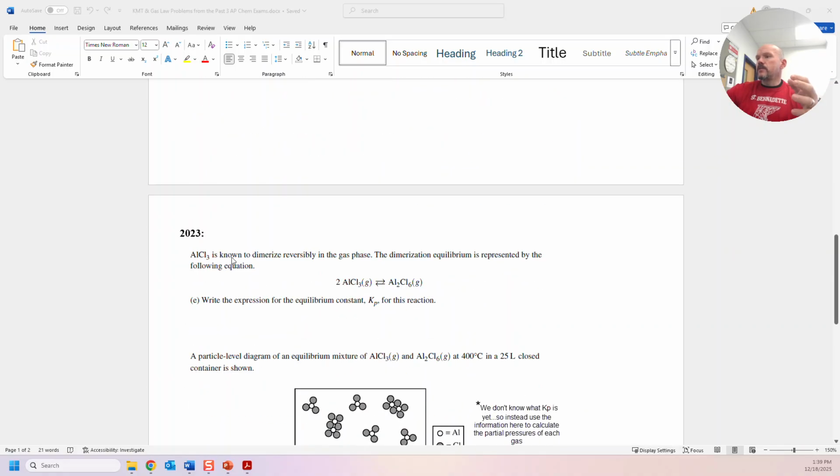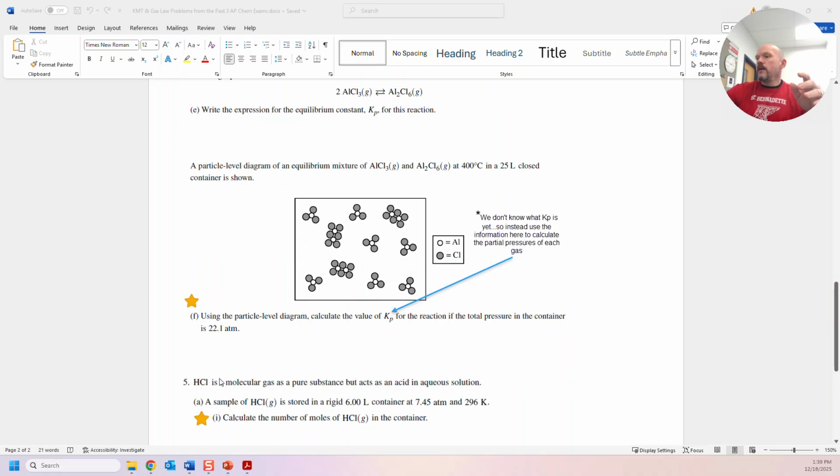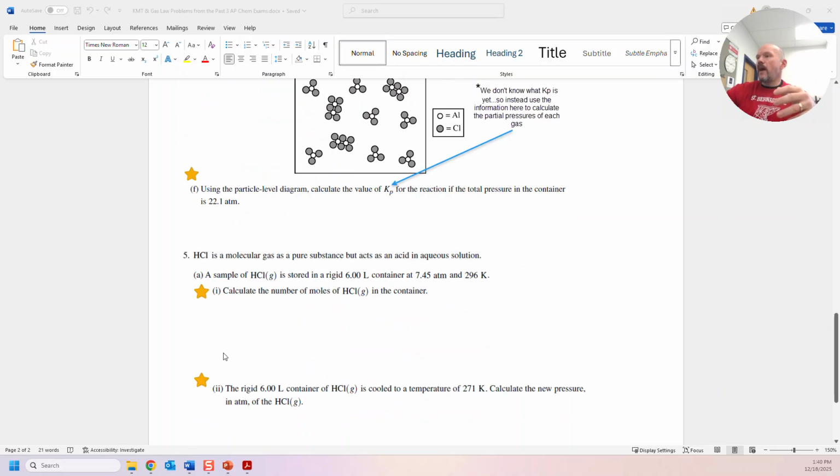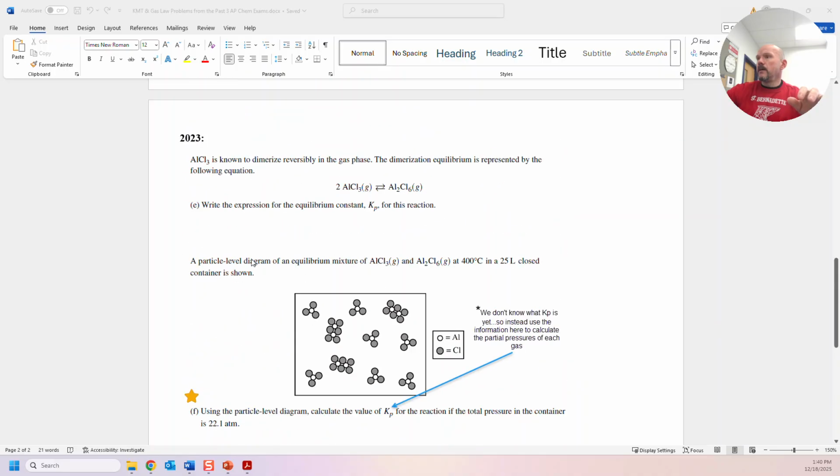And then in 2023, there were two places where KMT showed up, or gas laws. And it was, this might have been question 2 or 3 on the exam, but it was whatever question was, part F. And then again, in question 5, this was a gas law question as well. So these two parts from question 5 from the 2023 exam were basically from our unit 3.